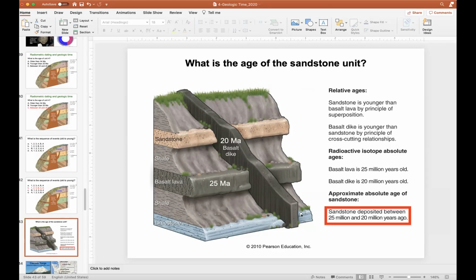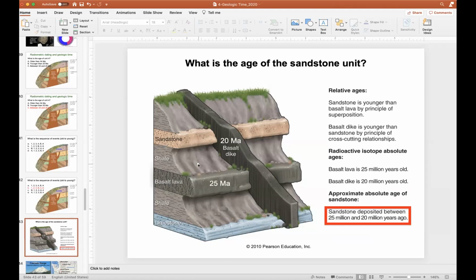The idea is that any feature like a dike, like a fault, that cuts across a unit must be younger than that unit, because those other units had to be there before anything could cut across them. So that's an important one. You can establish the relative age of these units.